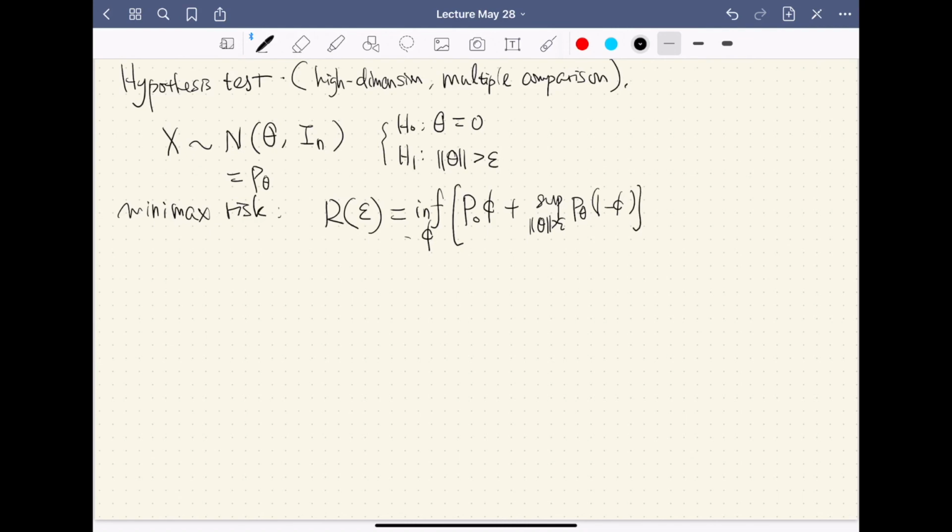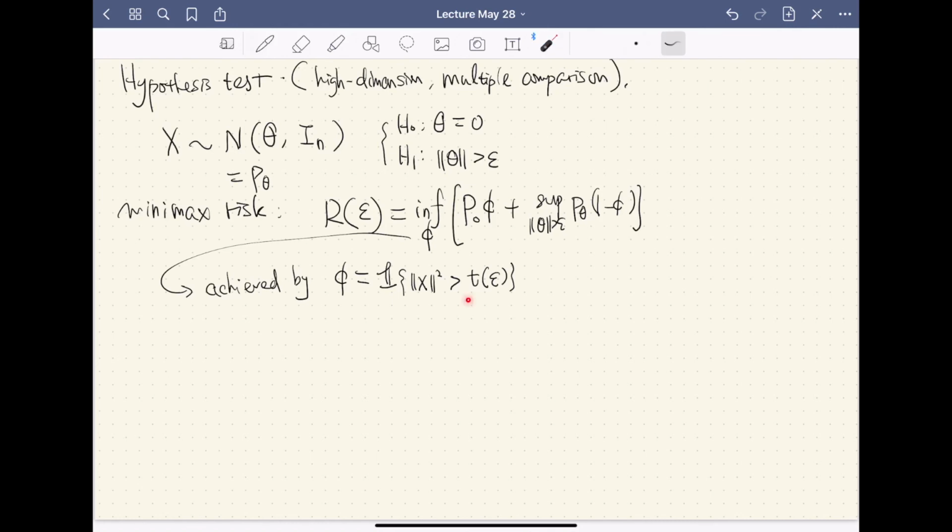Right, so this is achieved by the chi-square test, with some threshold function that depends on epsilon.